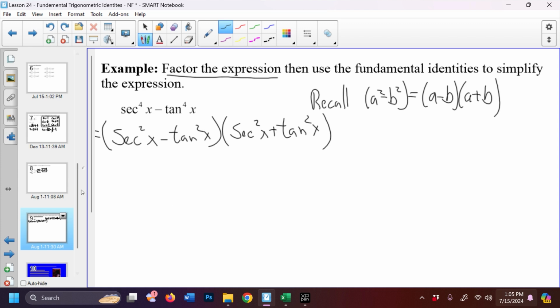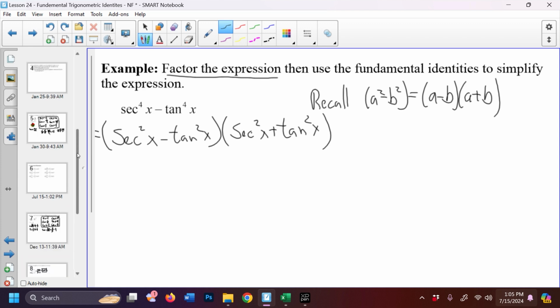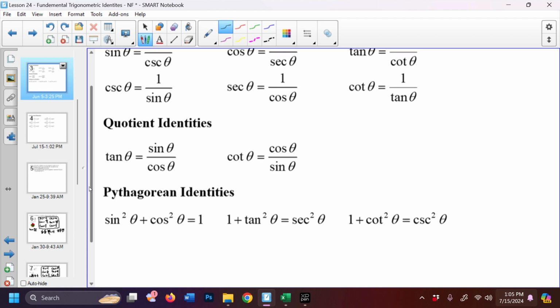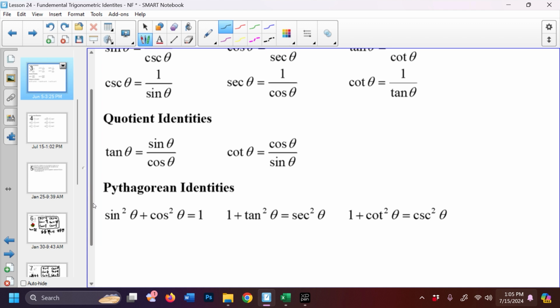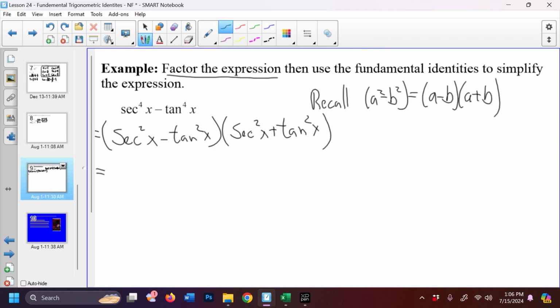Now if we go back up to our Pythagorean identities, we can see that 1 plus tangent squared x is equal to secant squared x. So if I subtract tangent squared x from both sides, I get 1 equals secant squared x minus tangent squared x. So I can substitute a 1 here.